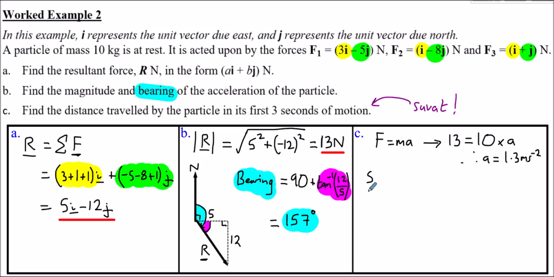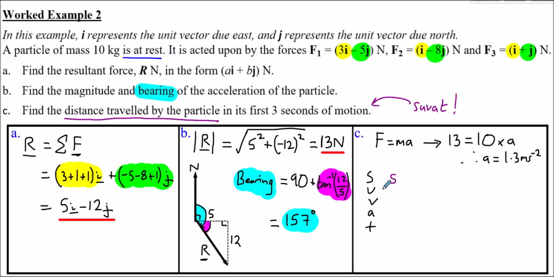So we can now add in Suvat. So what we're trying to find here is the distance travelled by the particle. So I'm going to label S as S because we want to find S. We're also told at the very beginning that this particle is at rest.